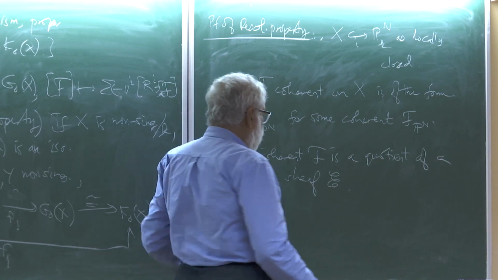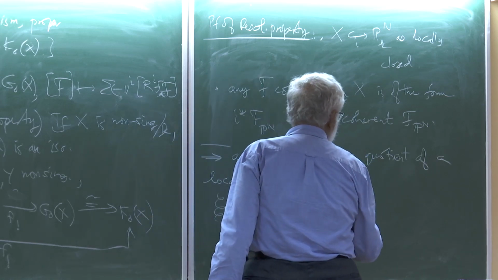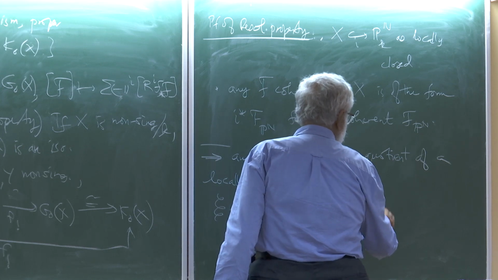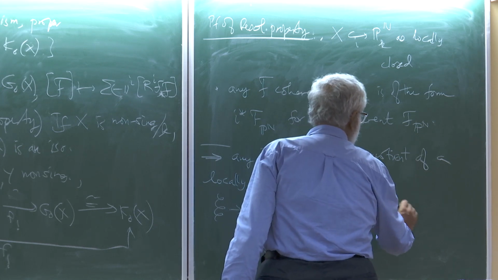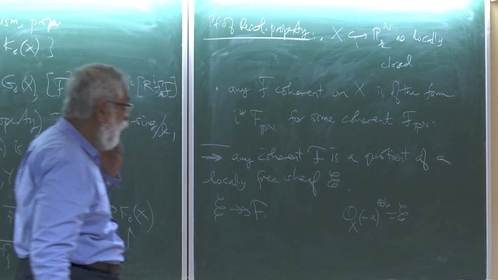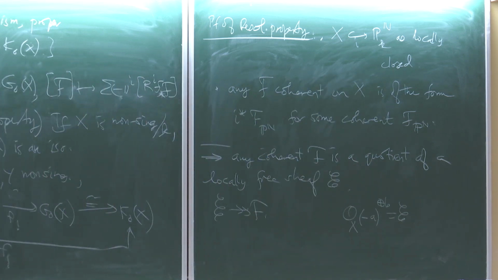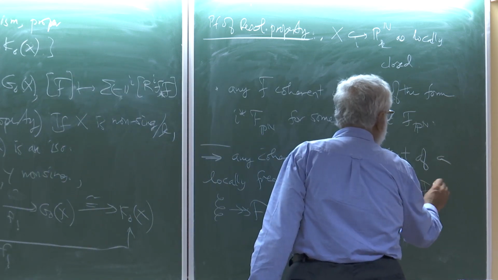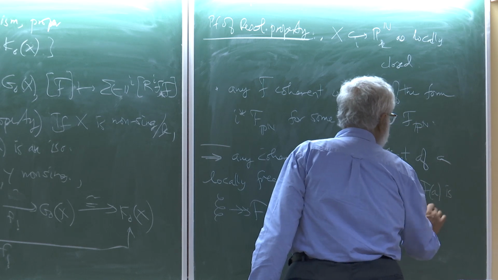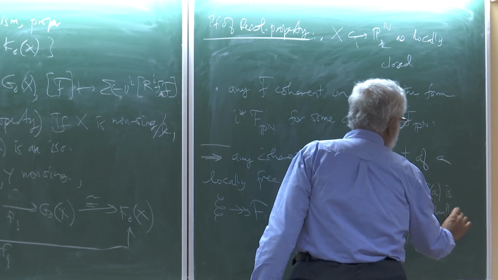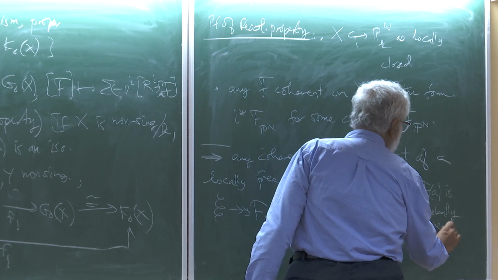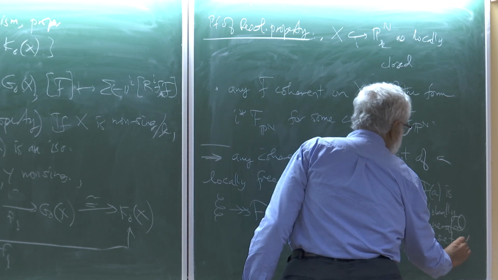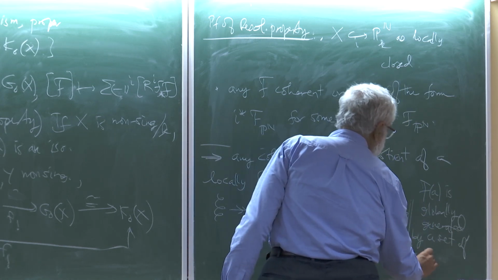In fact, the way to do it is you can even take it to be O_X(-a) to the power b. You can even find an E of this special form, which is a direct sum of line bundles. The reason is, this is just saying that F(a) is globally generated by a set of b sections.